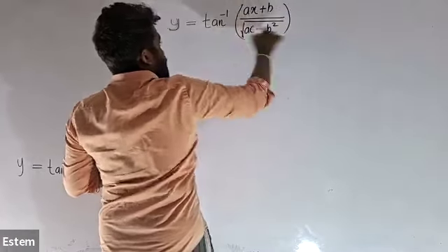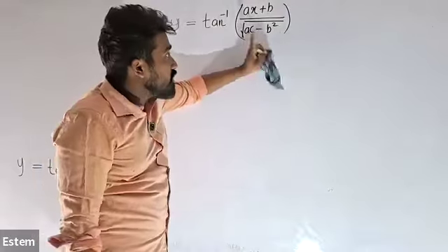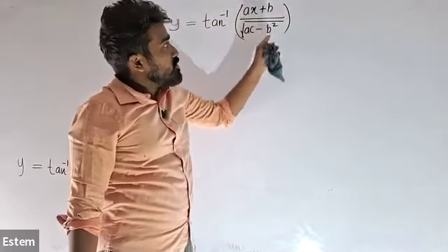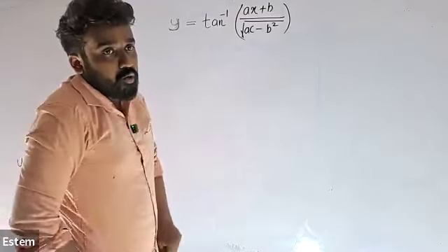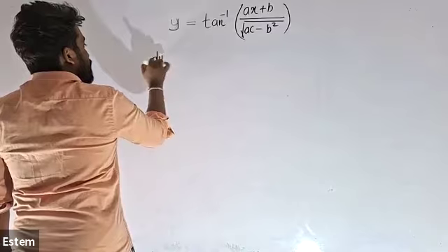Don't worry, these are constants. A, C, B, all three are constants. Therefore, this function is also a constant. So don't worry about that. The only variable is x. So how do we get dy over dx here?